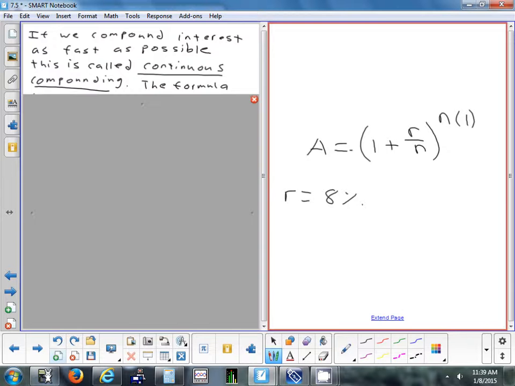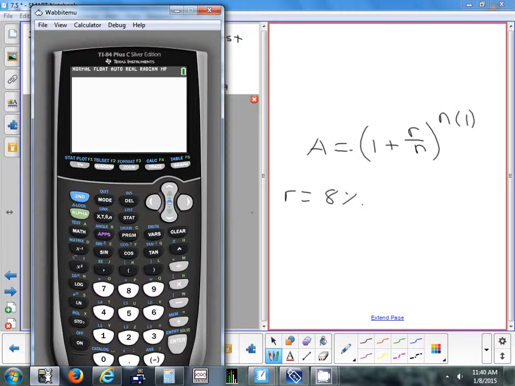Okay? You're going to take the rate and you're going to divide it by something bigger and bigger and bigger. It's never going to go to 0 though. Even if you only had $1 and you divide it between 1 million people, it's small, but it's not 0. Okay? So you're going to take something that's very, very small, you're going to add it to 1. But then you're going to raise it to a huge exponent. Remember, n's getting huge.